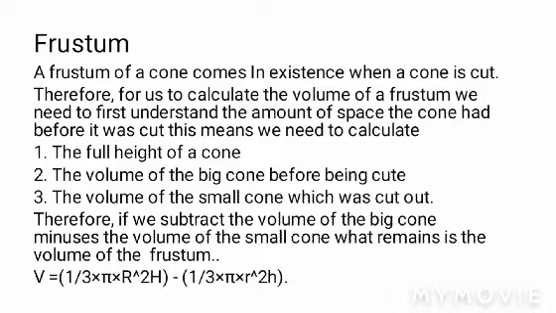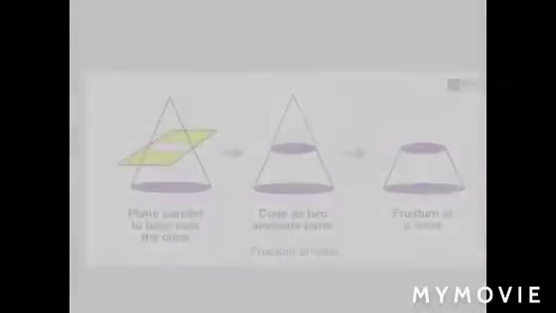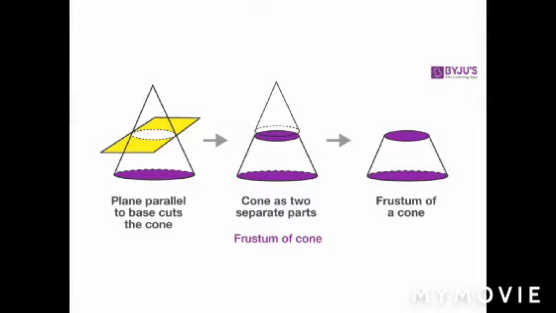But before we do that, let's look at how a frustum is formed. You can see that the first diagram is a full cone which is being cut. The yellow shaded region shows where we are cutting the full cone. In the next diagram in the center, we've successfully cut the cone and split it into two figures.